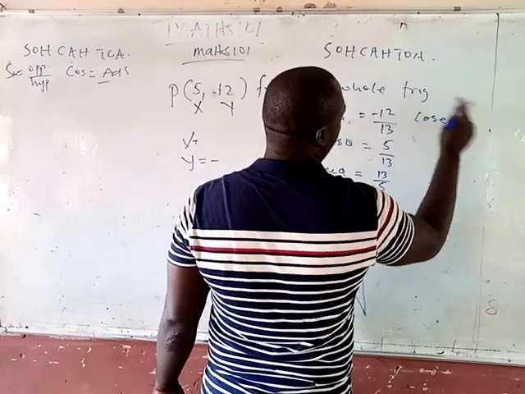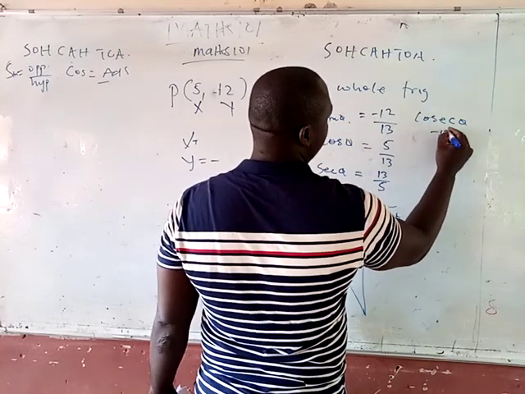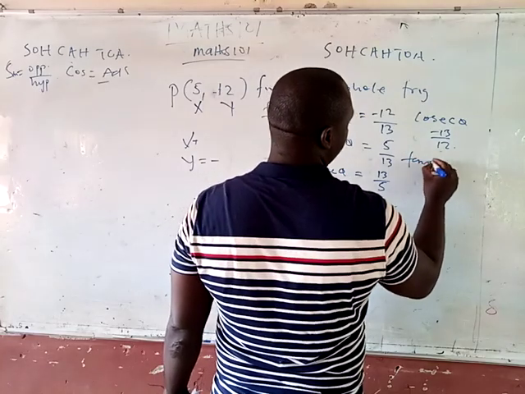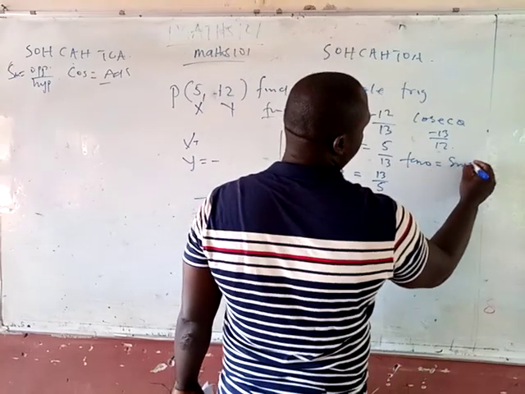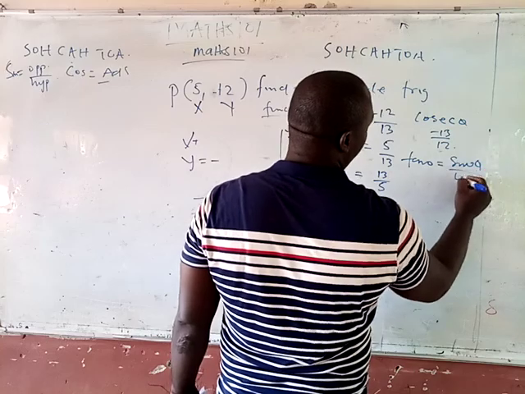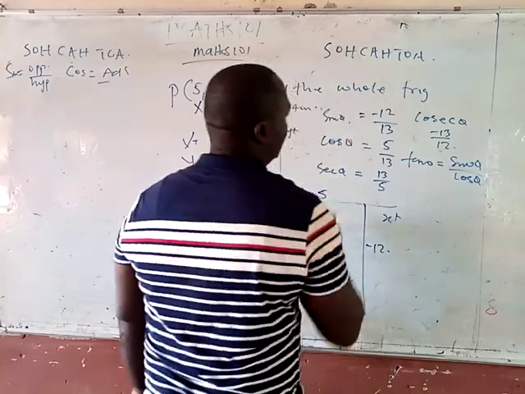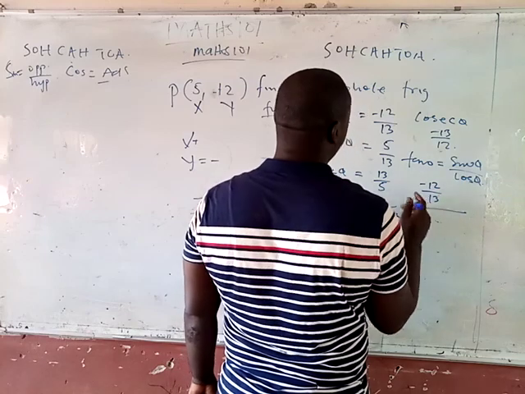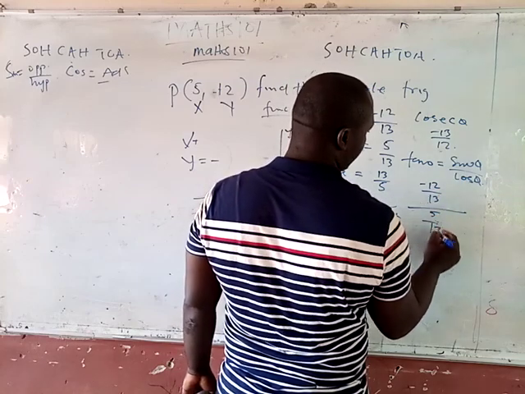Cosec theta is 1 all over sine, so this is minus 13 all over 12. You should remember that tan theta is sine theta all over cos theta. And sine theta is minus 12 all over 13 divided by 5 all over 13.